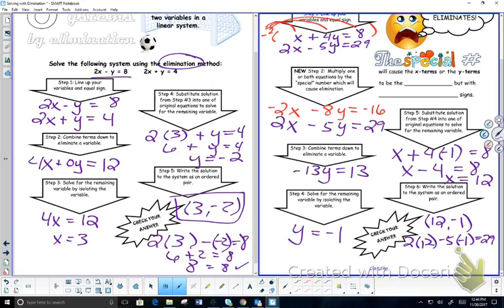What's 2 times 12? 24. And negative 5 times negative 1? Positive 5. 24 and 5? 29. Does 29 equal 29? Yes. So, yay, this is our answer.